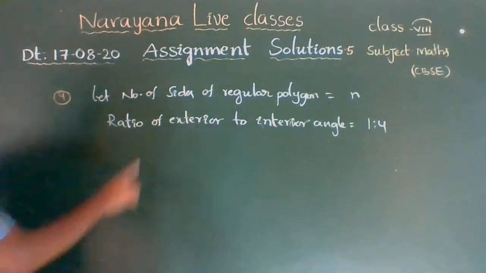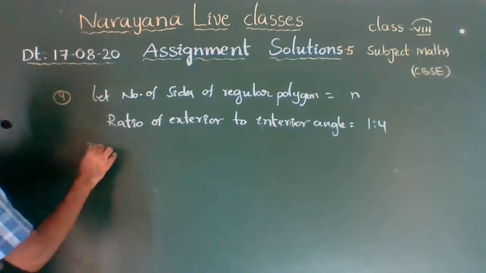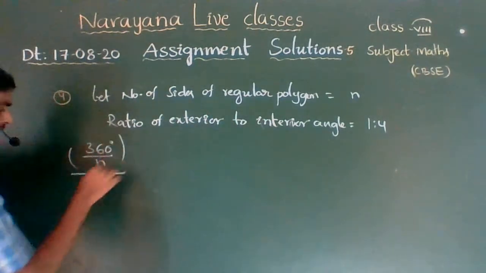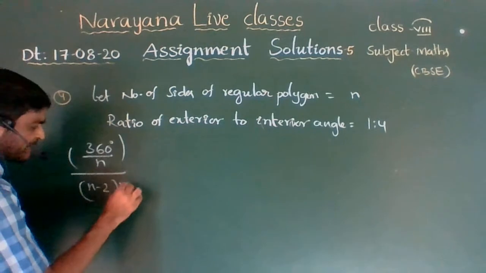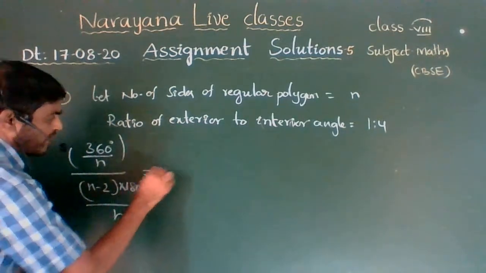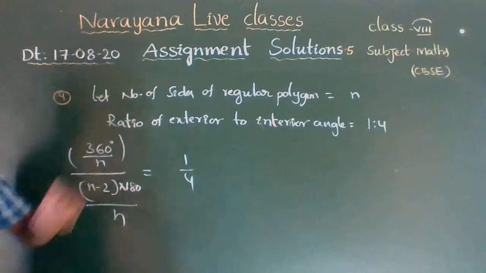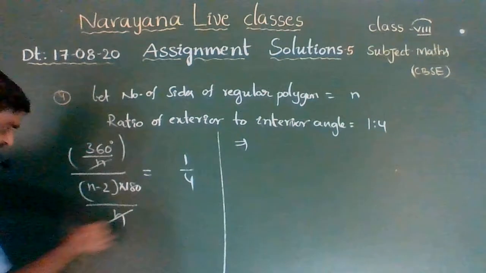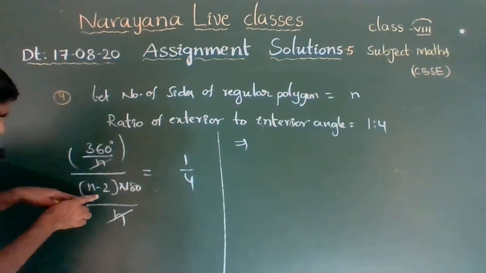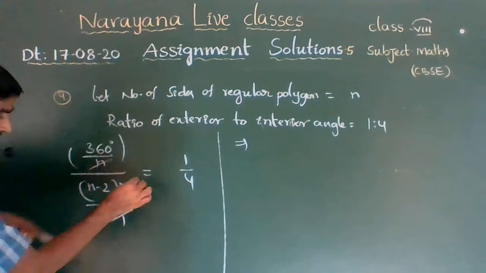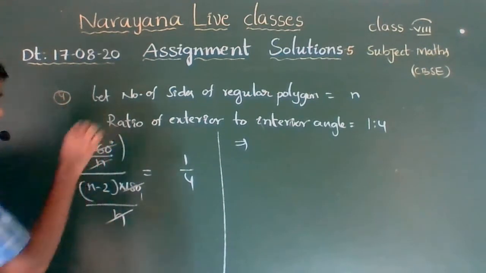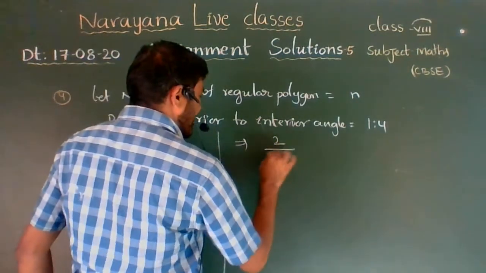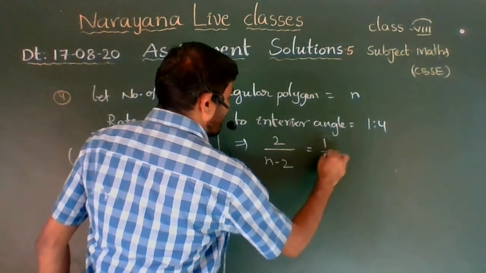So which means the exterior angle of a regular polygon, 360 degrees by n, divided by the interior angle of a regular polygon, (n minus 2) into 180 by n, is equal to 1/4. So from this we can conclude that these two n cancel. Now 360 by (n minus 2) into 180: 180 ones, 180 twos, finally 2 by (n minus 2) we got. 2 by (n minus 2) is equal to 1/4.